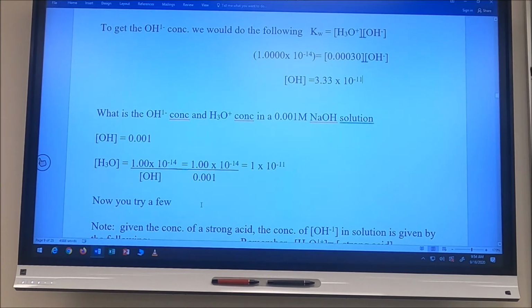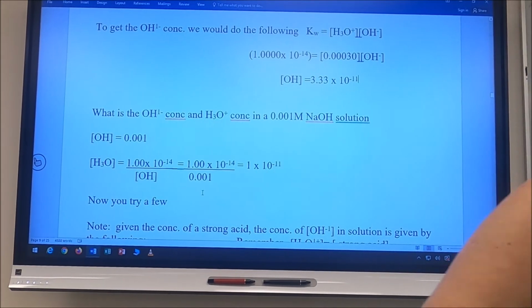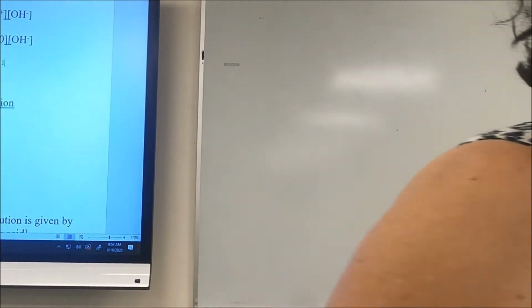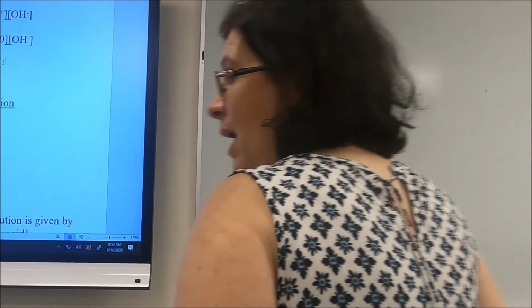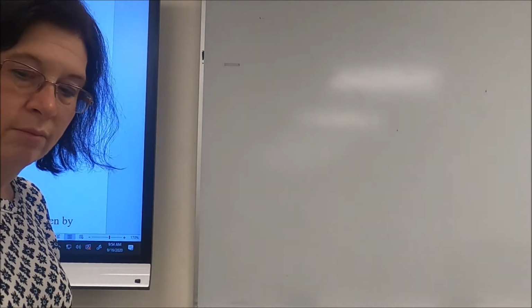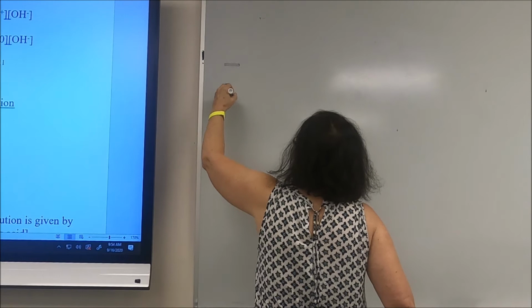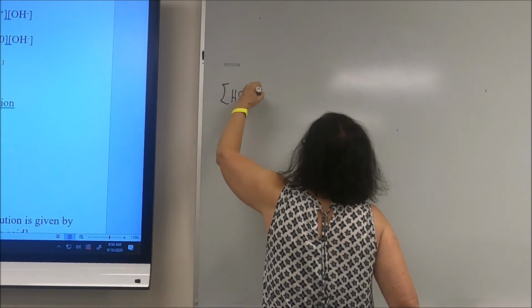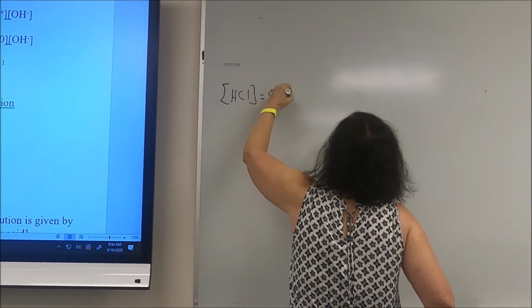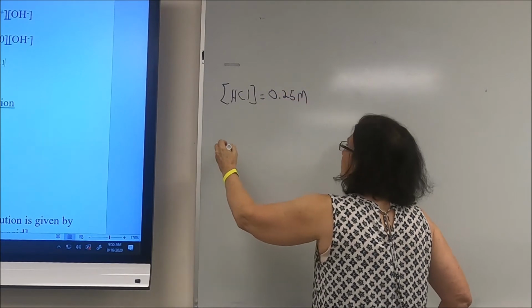So let's try a few, okay? Let's come over here and let's play on the board. Let's say I have a concentration of HCl equal to 0.25 molar.